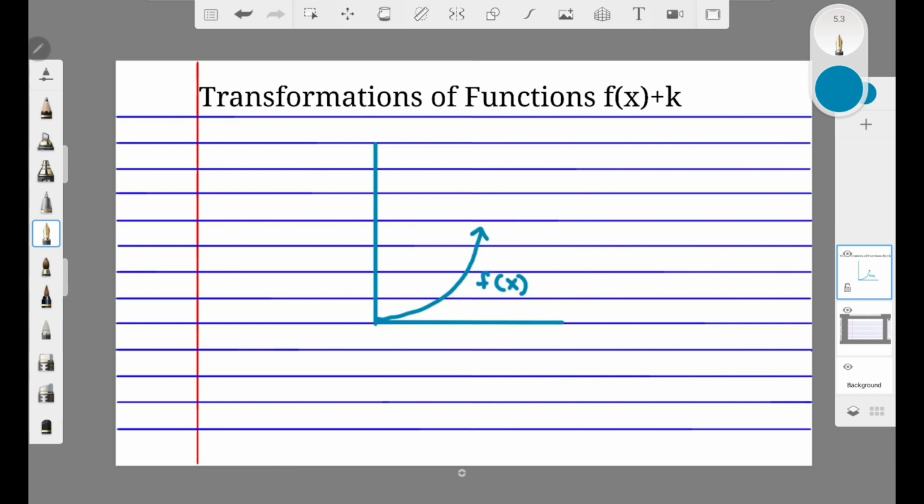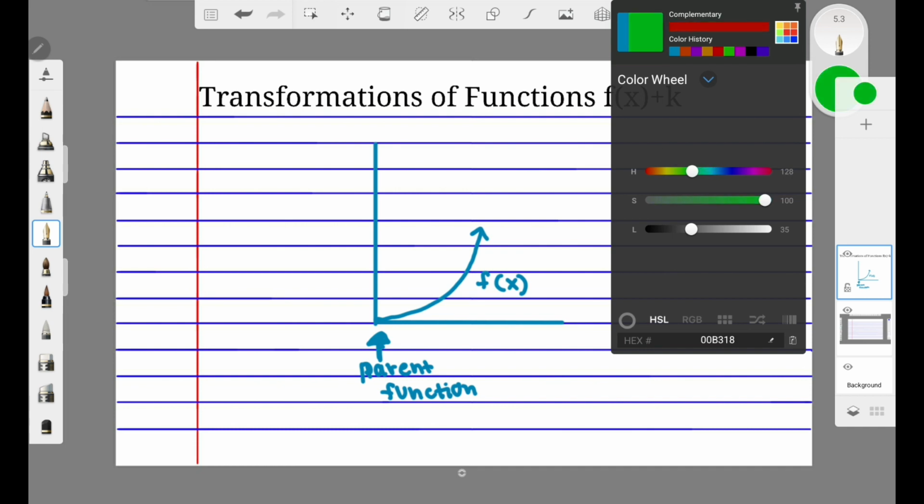So let's say that this graph is f of x. This is our parent function, the original function with nothing done to it. Now let's do a vertical transformation.